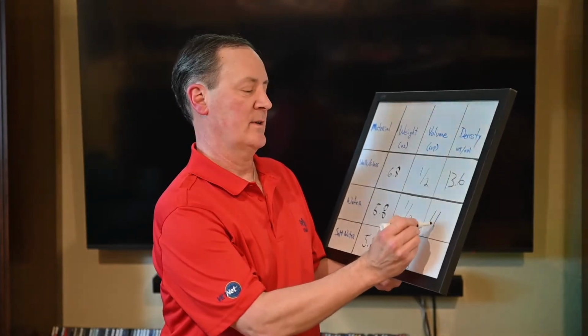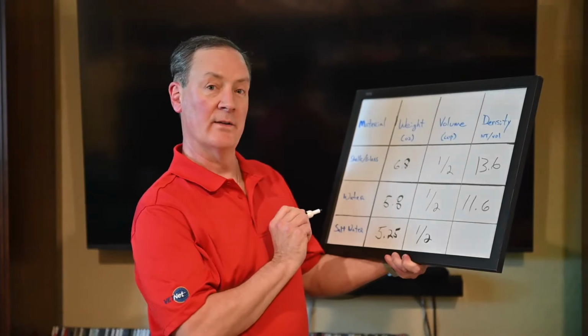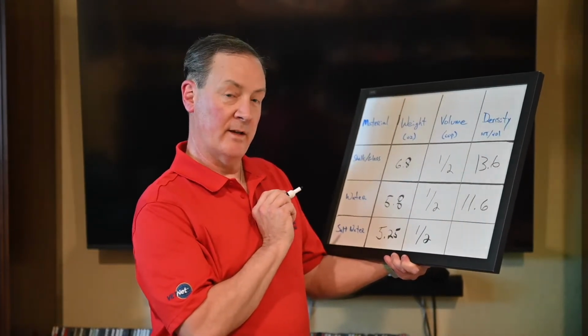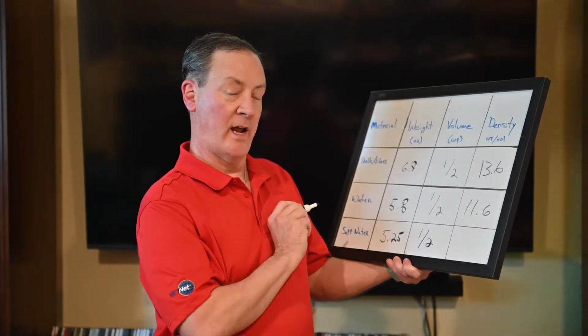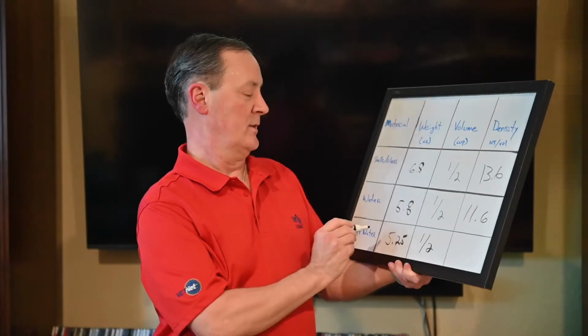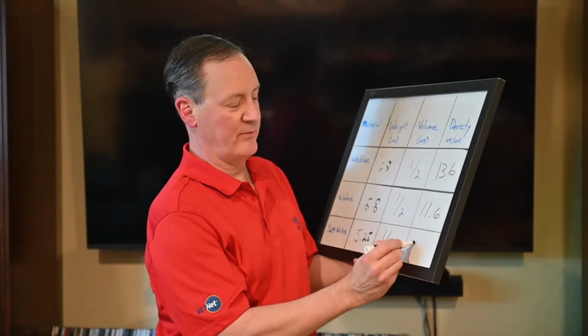That's 11.6. Now 5.25 divided by 1/2. Hey, did anybody see a pattern here? Dividing by 1/2 is the same thing as multiplying by 2. So 5.25, that's easier for me. That's 10.5.